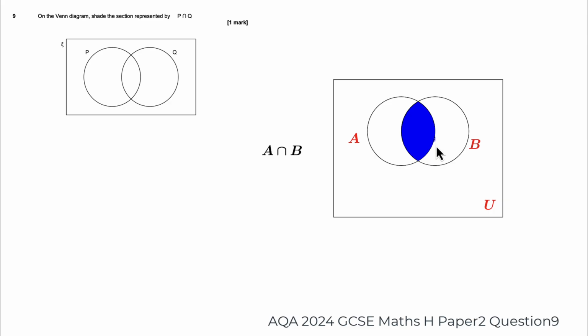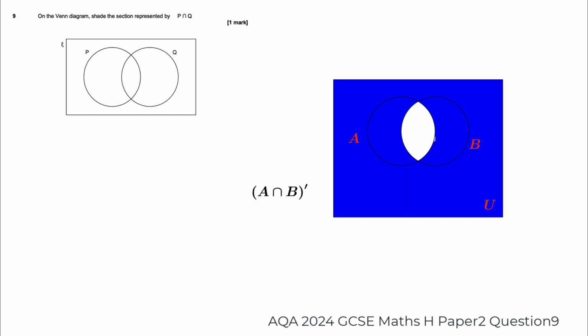And it's fun to look at other things. If we want the things that are not in A intersection B, that would be A intersection B, the complement of the whole of that.